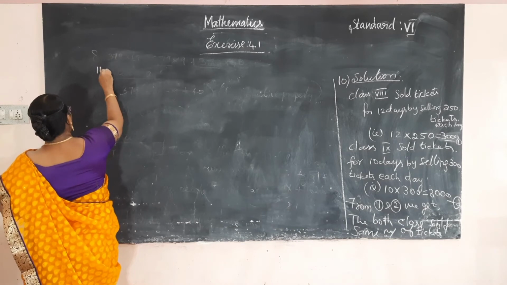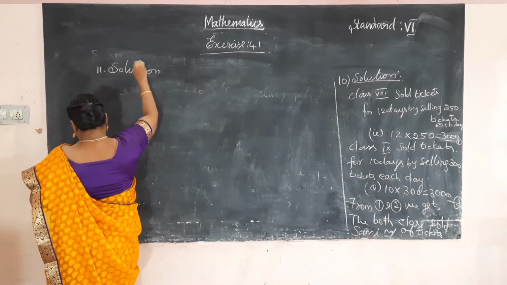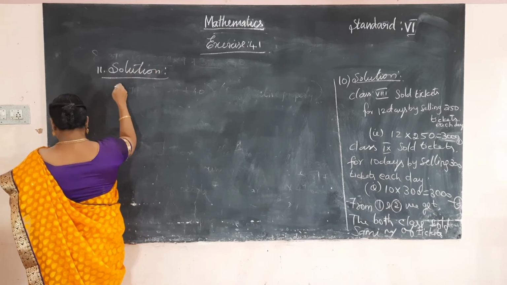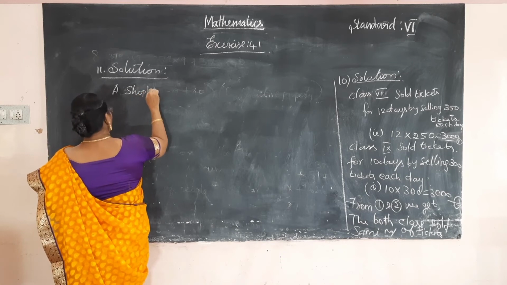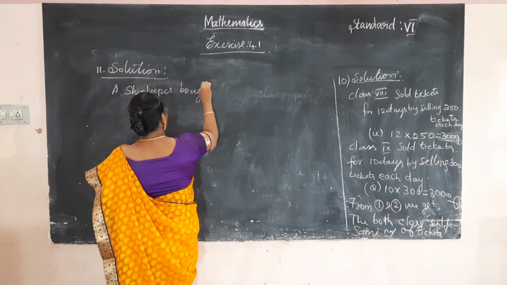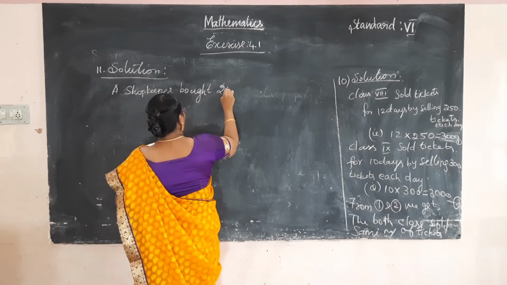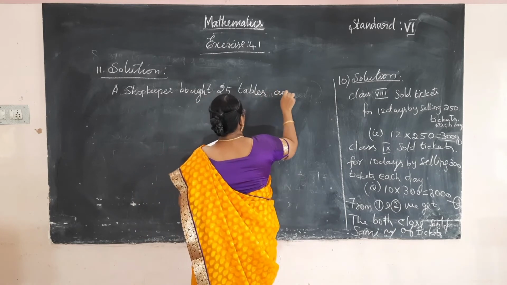So 11th one, a shopkeeper bought 25 tables and chairs.